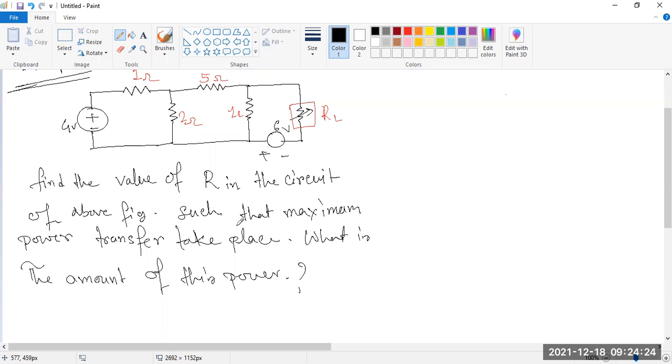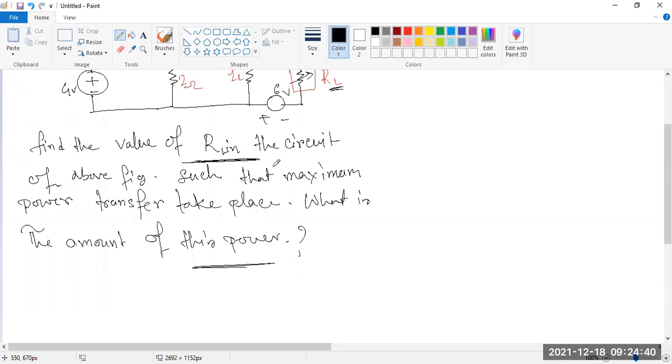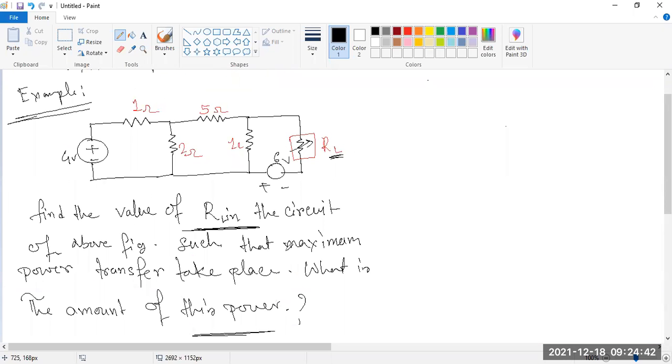So we have to find out the resistance of this R, means this is RL, okay, and then what is the maximum power? So we know the steps, then we will go for the step by step. Just guys, just write it down, then we will go to the solution.